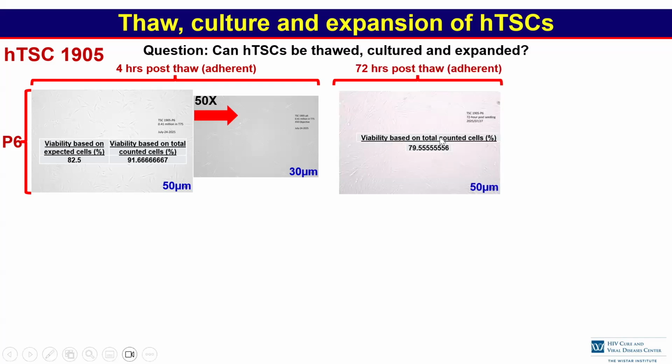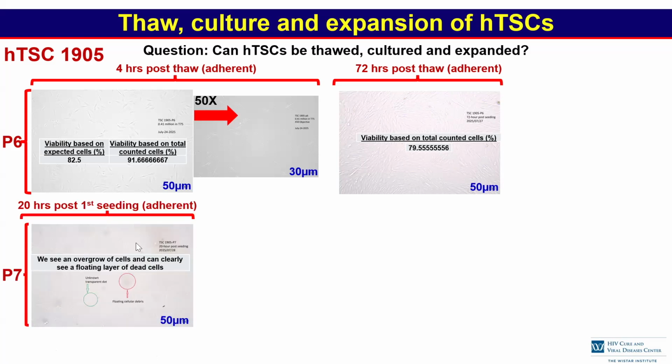Then after 72 hours, we saw that the cells remained viable, about 80%, and they were very confluent. Then we seeded the cells, and after the first seeding, at 20 hours, we noticed some floating cellular debris, and an overgrowth of the cells. Basically the flask was pretty much full.